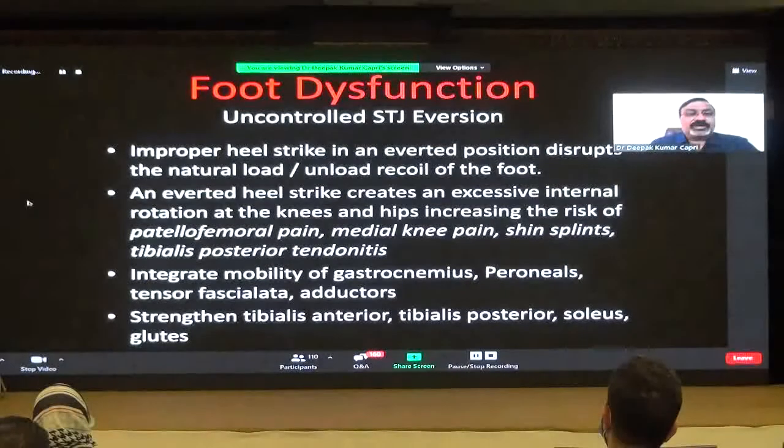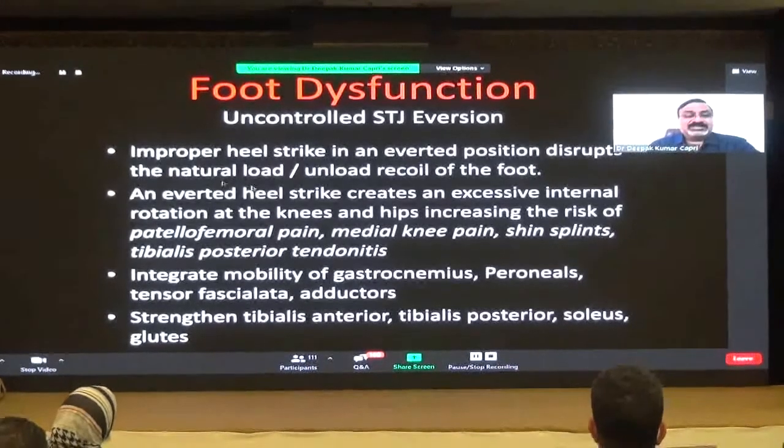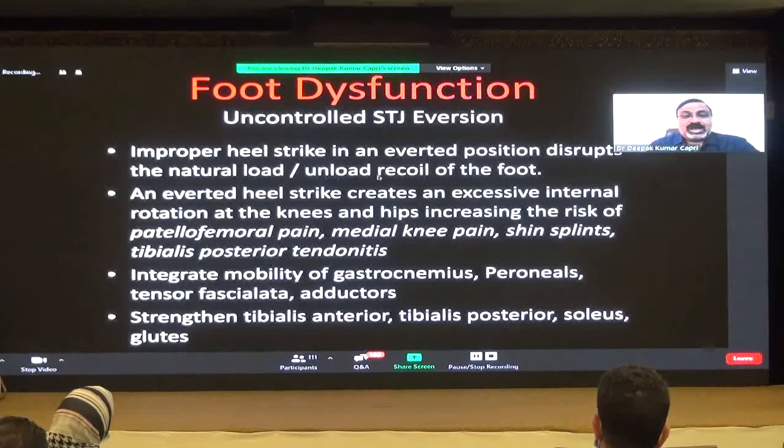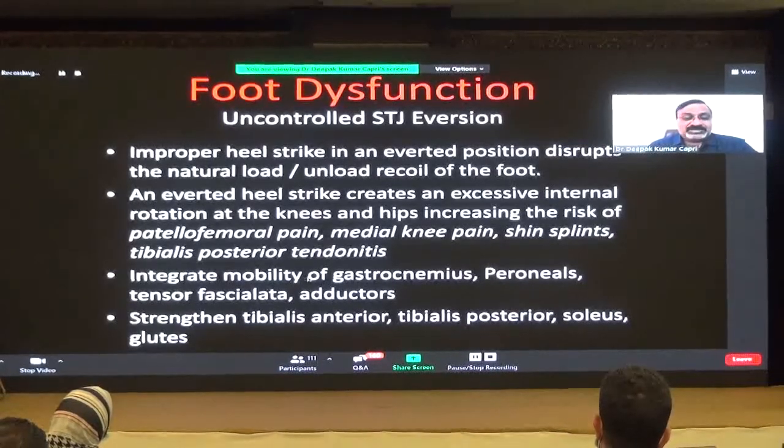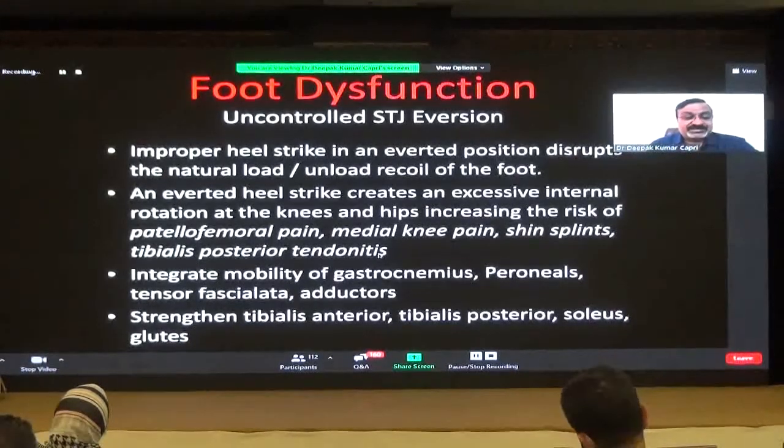So if there is over-supination, the improper heel strike will be in an everted position that will disrupt the natural load and recoil of the foot, and the person will have pain, medial joint pain, shin splint, tibialis posterior tendinitis. Now what to do?